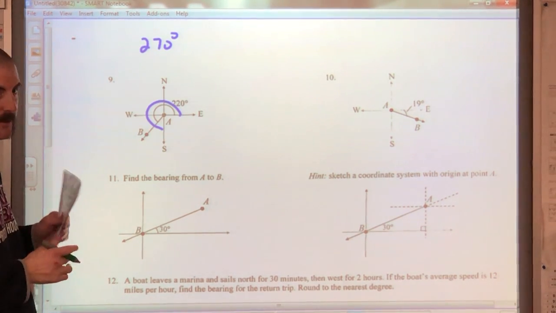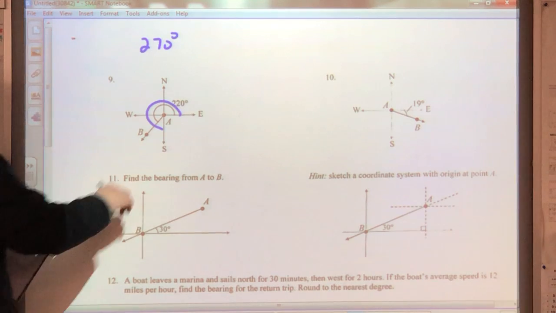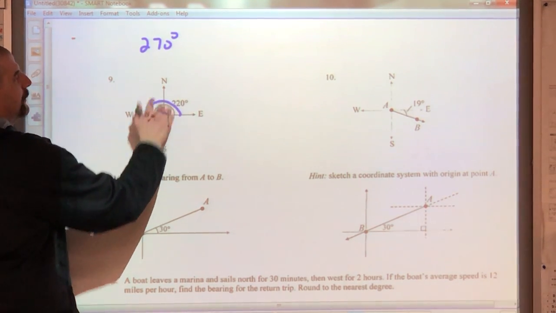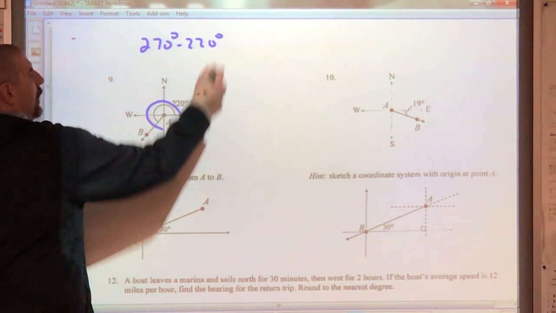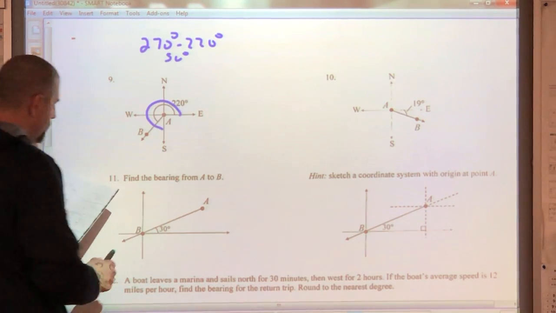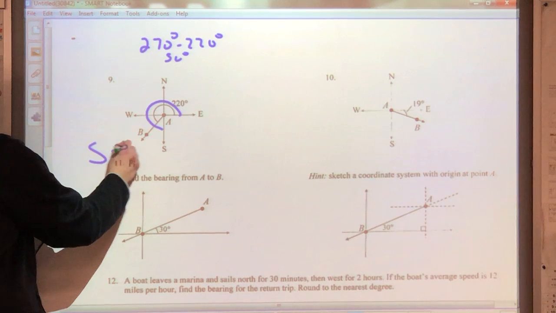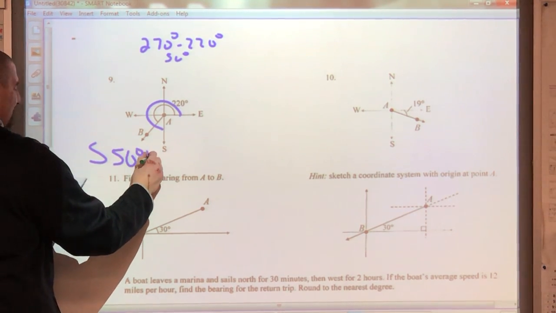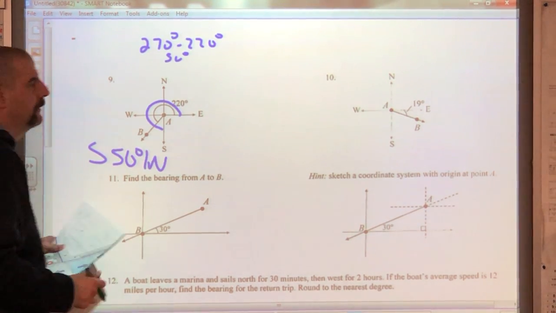We did that before in this class, as a matter of fact. So if that's 270, what's left over? Subtract the 220, and you'll get an angle of 50 degrees. So that's going to be south 50 degrees west, okay?